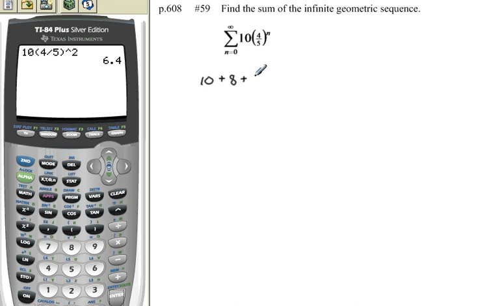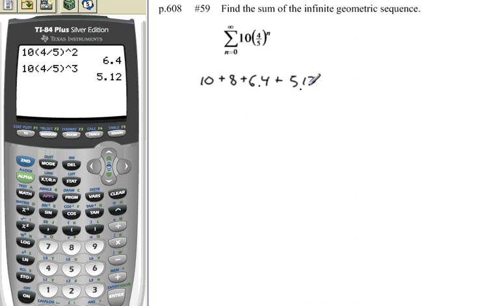So that's going to be plus 6.4. I can find the next term by taking 10 times 4/5 to the third power, and that's going to be 5.12, plus etc., etc., etc. We're going to keep adding those up until we have an infinite number of terms.